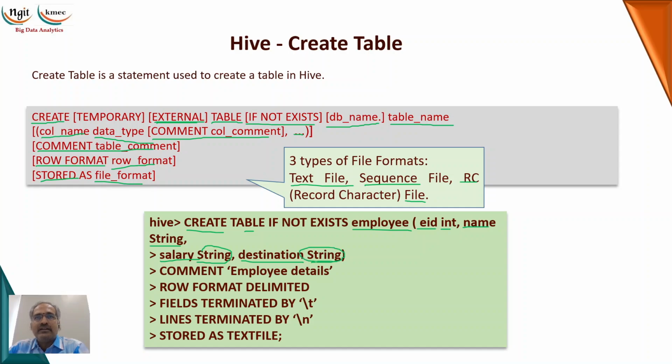You can give that. It is a string again. And then comment, I want to give employee details, and row format delimited, fields terminated by backslash t, because I'm assuming that it is a tab separated file, and lines terminated by backslash n. So meaning that the new line will be taken as backslash n, stored as text file.